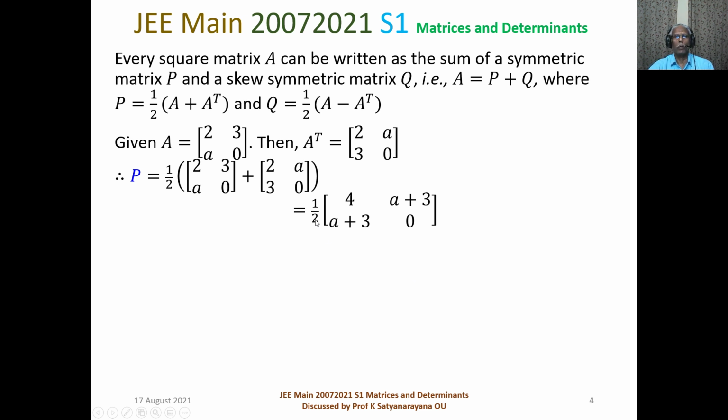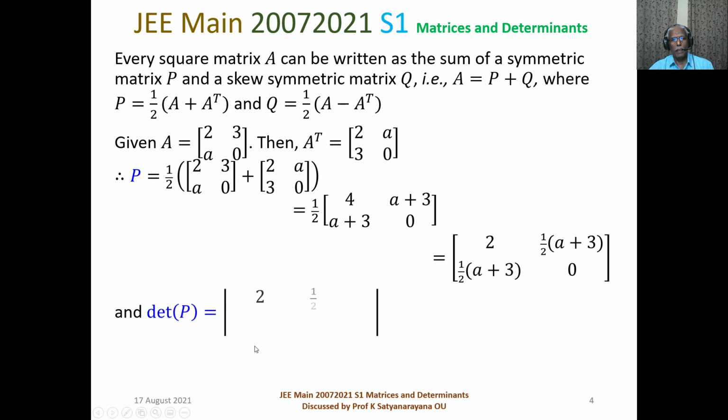Now take the 1/2 inside. 1/2 into 4 is 2, this is (a plus 3)/2, this is again (a plus 3)/2, and 0 by 2 is 0. That is equal to this matrix.